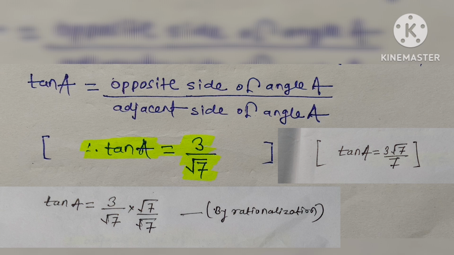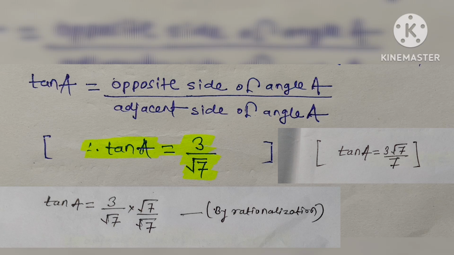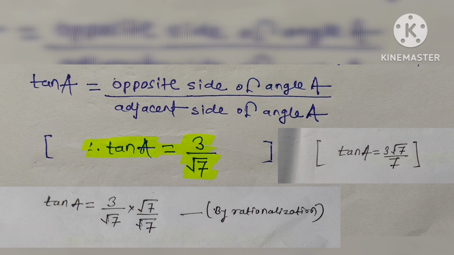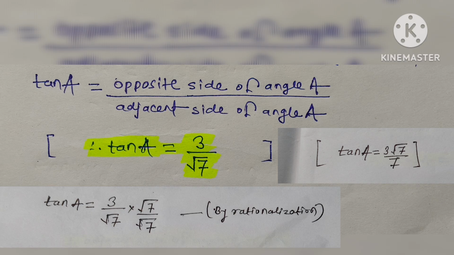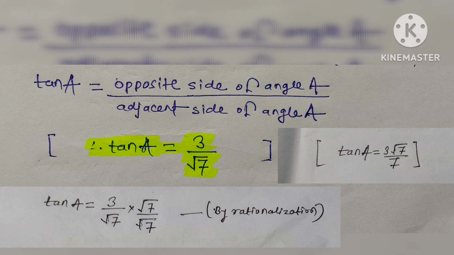We multiply the numerator and denominator by the same value as the denominator, that is under root 7. So 3 divided by under root 7 into under root 7 divided by under root 7 cancels out the root at the denominator, and the final answer is 3 under root 7 divided by 7.